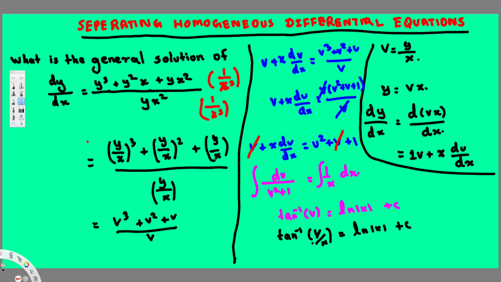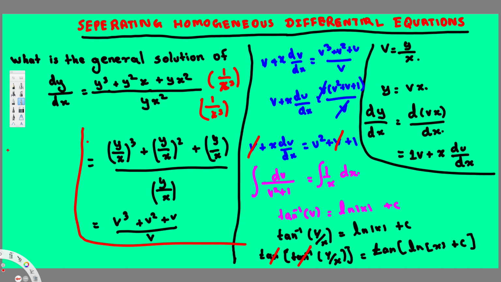Now here we need this in terms of y, right? So to get rid of this tan inverse, we can take tan on both sides. So if you take tan of tan inverse y over x, they cancel each other, and on the other side we are going to have tan of ln of x plus constant. Let's continue this right here, since we don't have enough space.